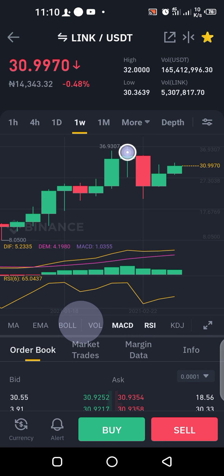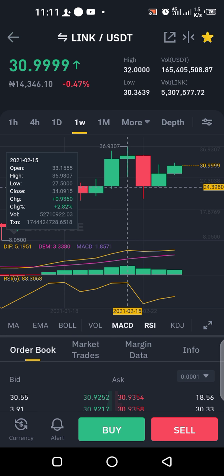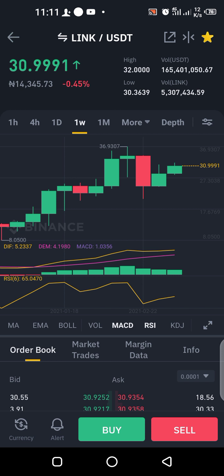Now, if you are seeing this chart or analyzing this chart by 21st, 28th, this is a weekly chart, I expect you to relax and stay back, or even look out for other potential coins, other coins that perform very well.